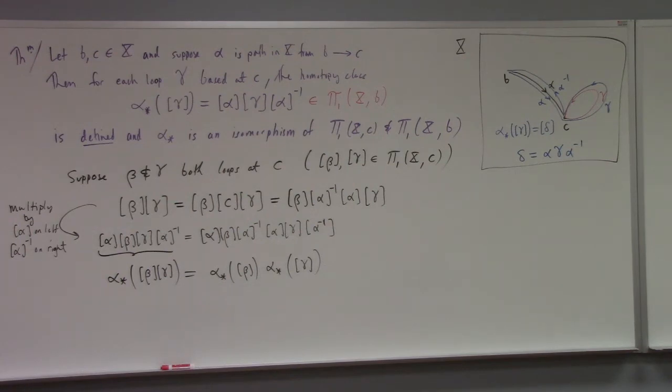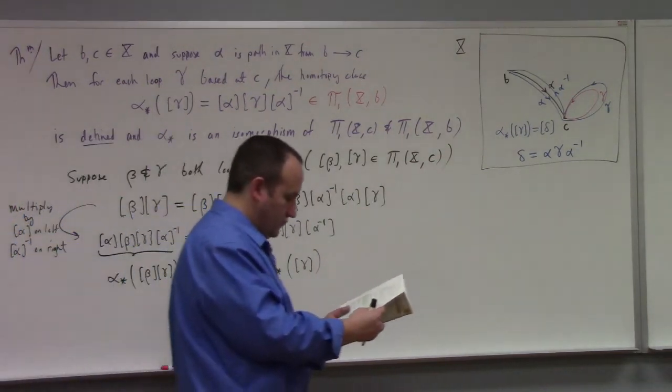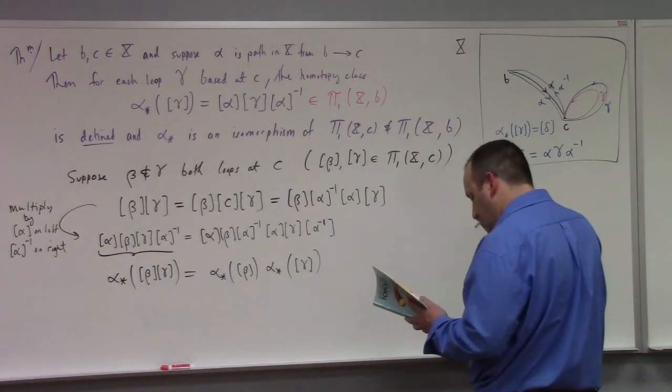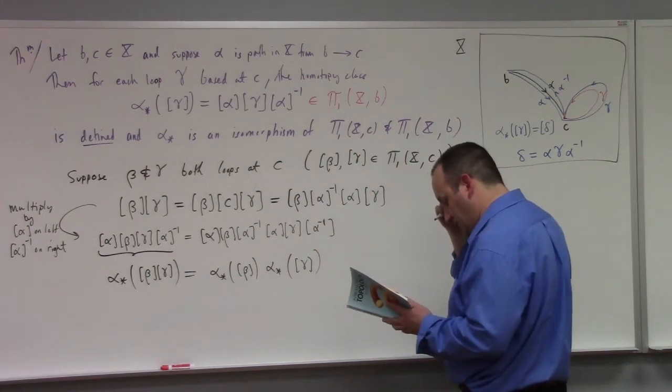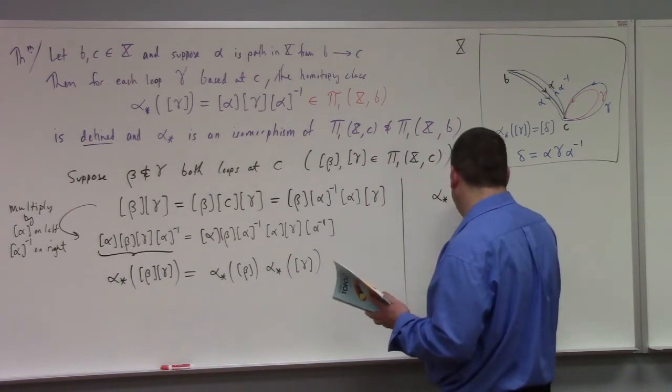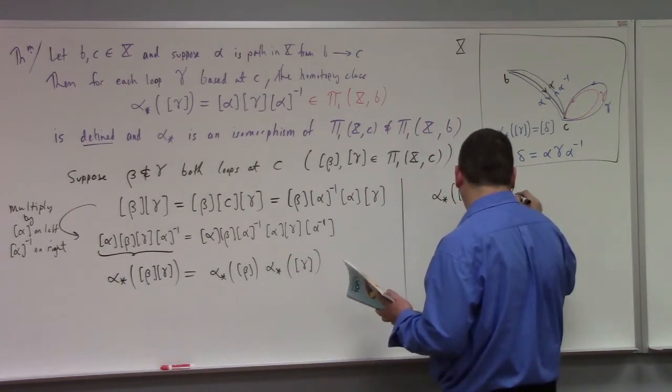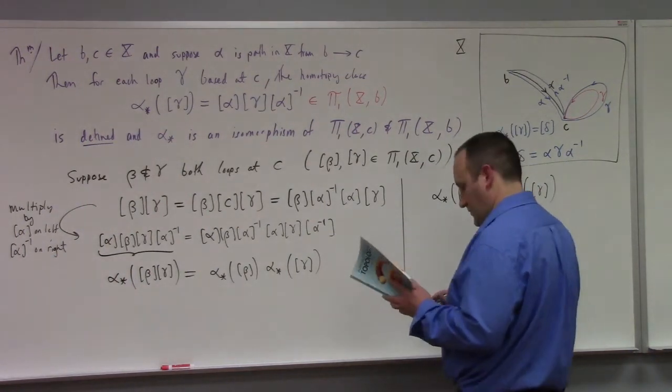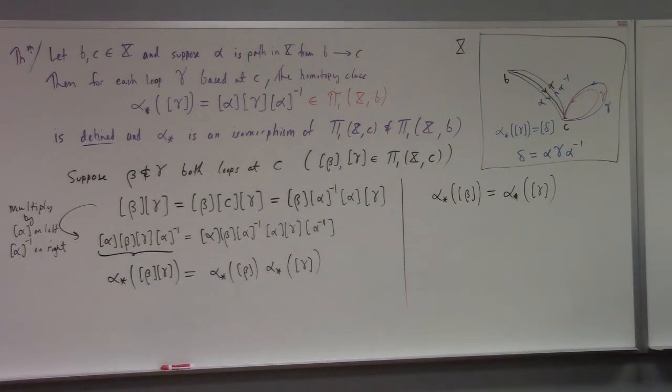So I said that it's an isomorphism of the fundamental groups. This is just part of it. To prove it's an isomorphism of the fundamental groups, we need to prove that it's also surjective and injective, right? So he says, next, suppose that you had alpha star of beta equal to alpha star of gamma. Our goal is to prove that, in fact, beta and gamma are homotopic, right? They're the same equivalence class of loops.